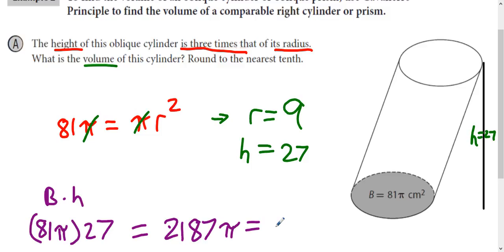You can either leave it with the pi symbol or you can use 3.14. Those are rounded to the nearest tenth, so the 0.18 would round to 0.2 centimeters cubed.